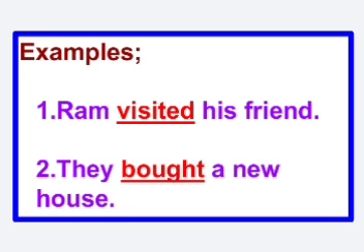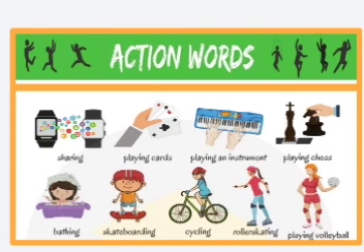They. Bought here is an action verb. Let's see some other examples of action verbs: playing cards, playing an instrument, sharing, playing chess, bathing, skateboarding, cycling, roller skating, playing volleyball, dancing, eating, playing, sitting, writing. These are all examples of action verbs.